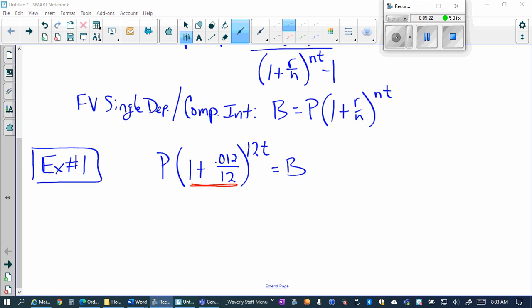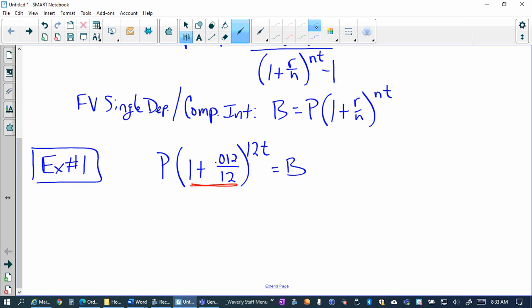So if we divide both sides by p and combine what's inside the parentheses, we should get 1.001, I believe it is. Yep, 2 zeros. To the 12t equals b over p.